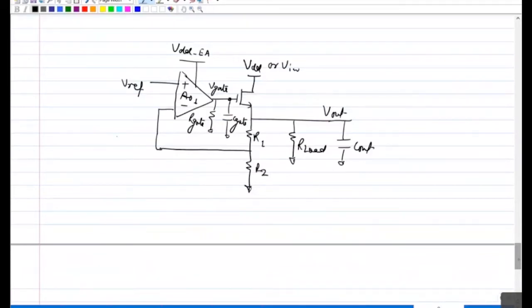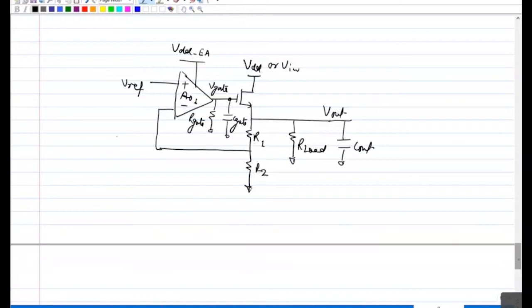In the PMOS, we have the GM component. Do we have a GM component here, from Vin to Vout? Because that is a very high impedance node.